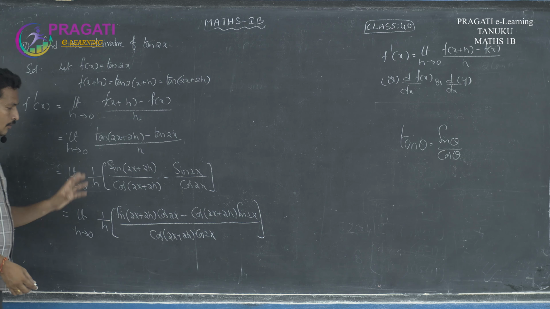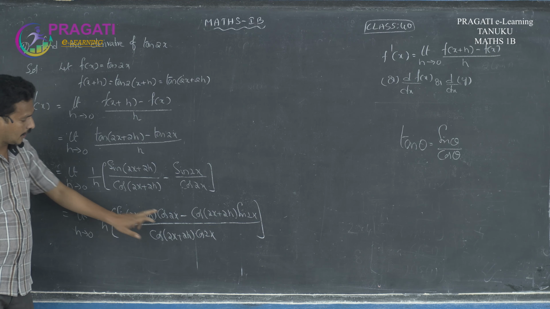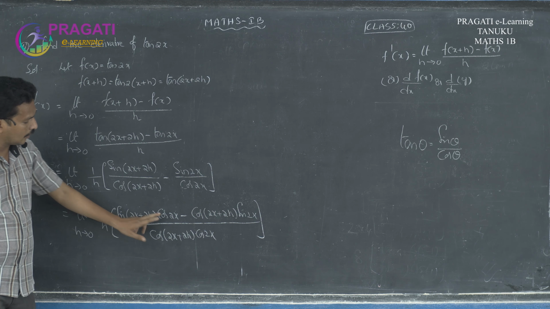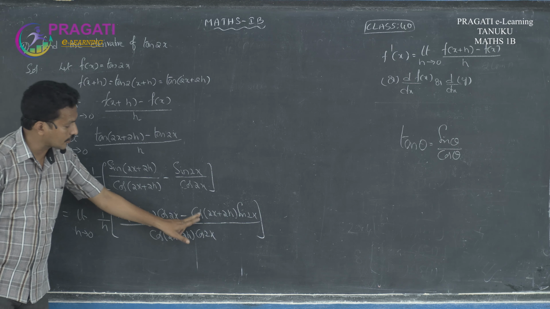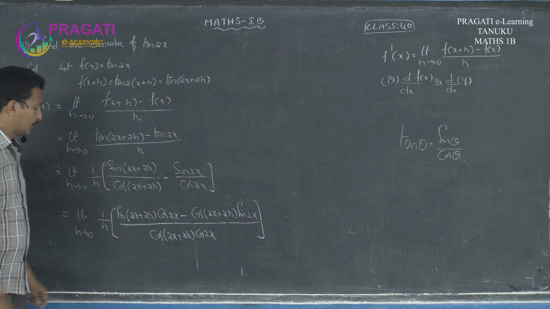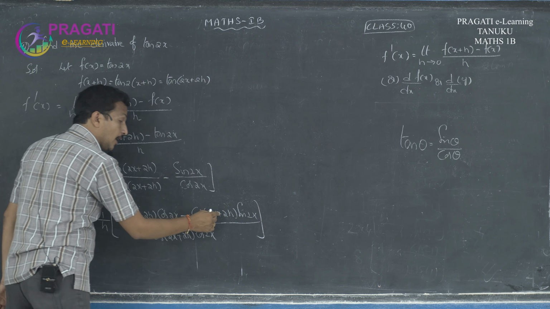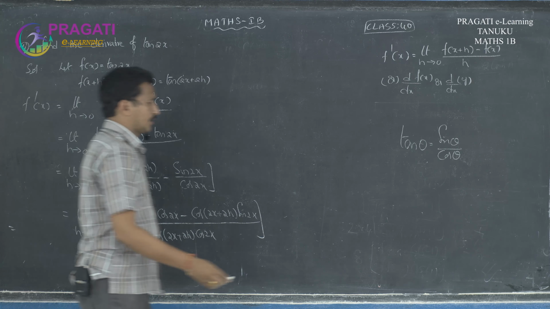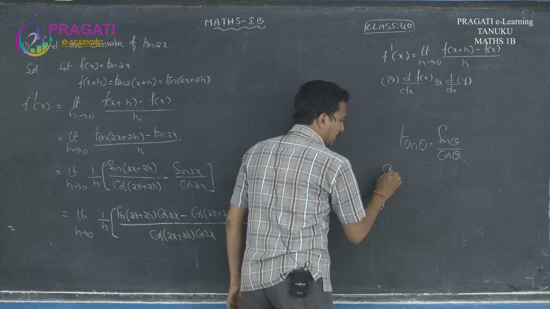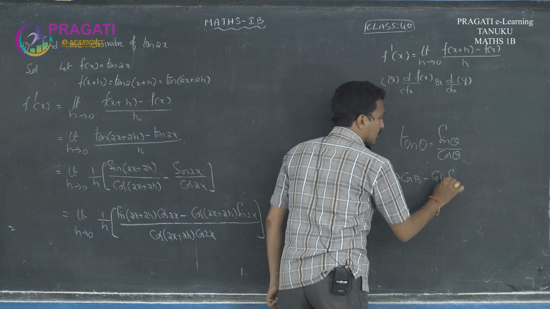Okay, here you can understand easily: sin a cos b minus cos a sin b. Right, the formula is sin a cos b minus cos a sin b.